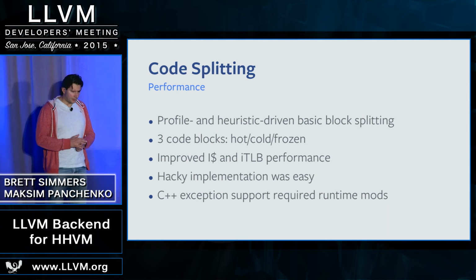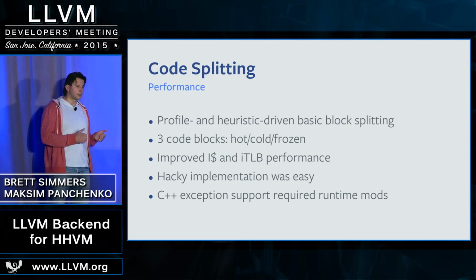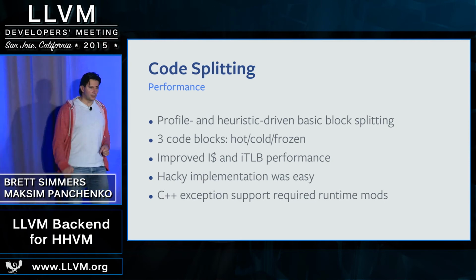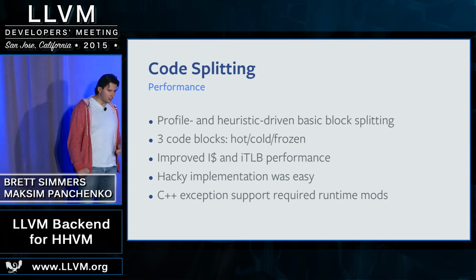Luckily for us, we had control over C++ exception runtime. So we were able to implement a couple of things to modify the tables in the way we wanted them to be, and also to modify our runtime to read the new information. So we got it working, but sadly there were no gains.